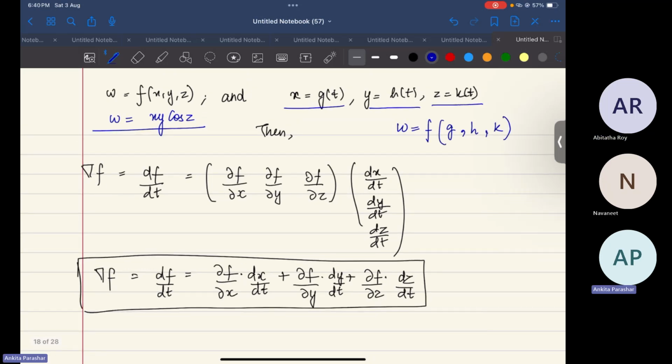Am I still confusing? I think I have to make one more function, k′(t), which is nothing but (g(t), h(t), k(t)), and then w is nothing but f composed with k′.